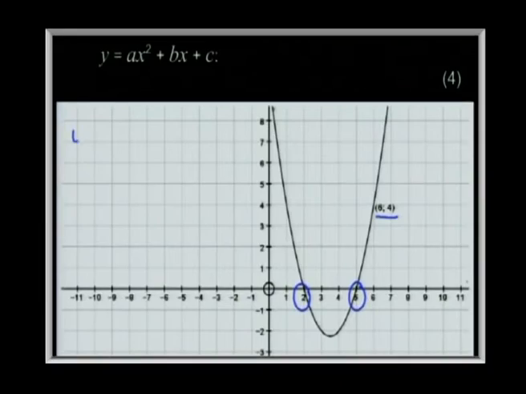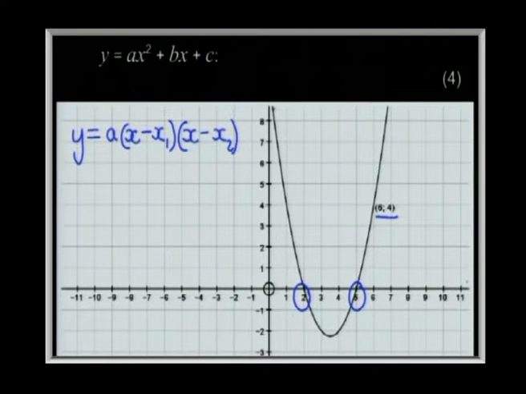Let's substitute it into the formula. The formula is y equals a(x minus x1)(x minus x2). We said this was going to be x1 and this was going to be x2, so let's substitute that in quickly. y equals a(x minus 2)(x minus 5).